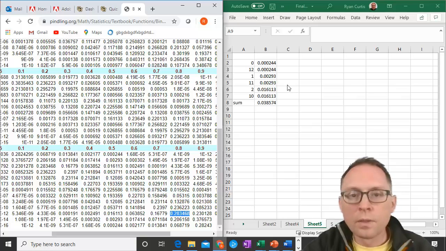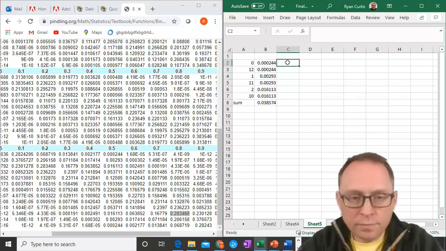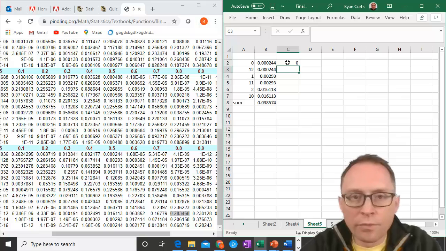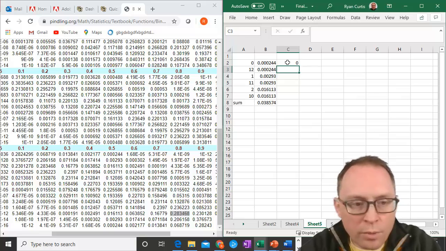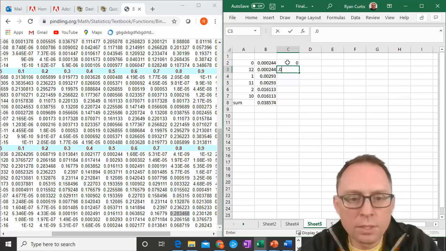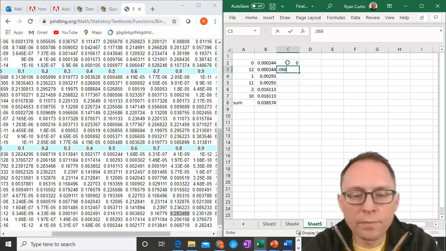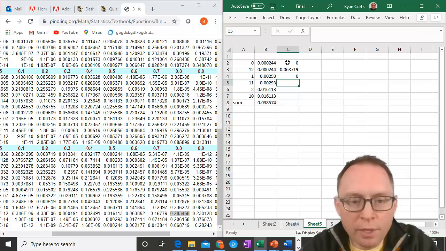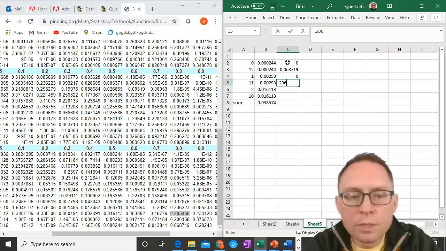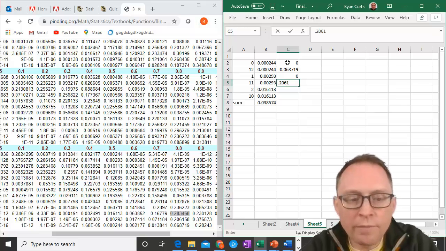So for 0, the probability is really, really close to 0. For 12, the probability is 0.068719. Probability for 1 is essentially 0. The probability for 11 is 0.206158.